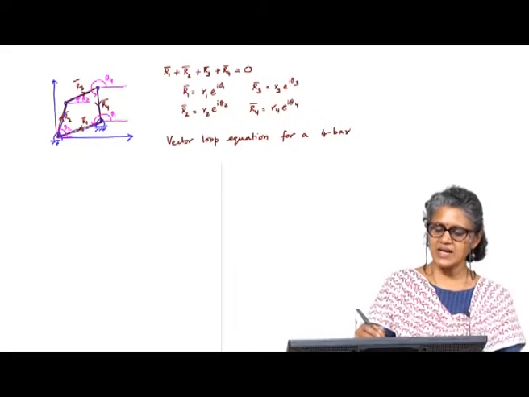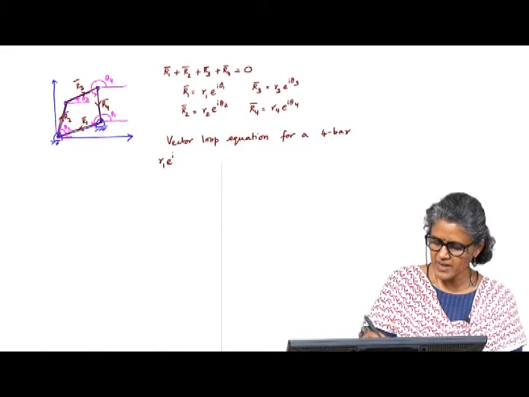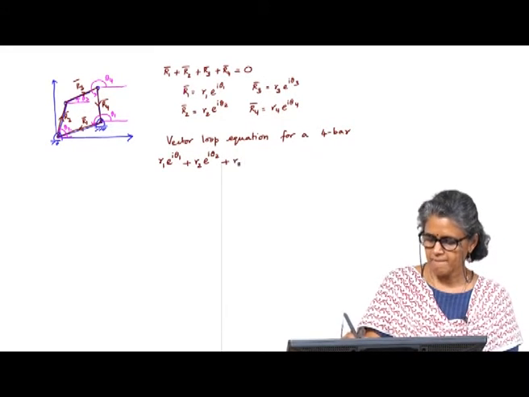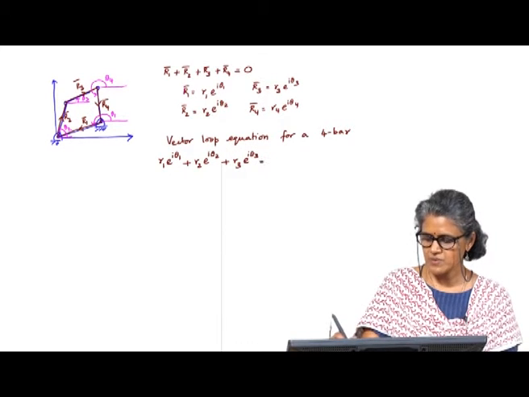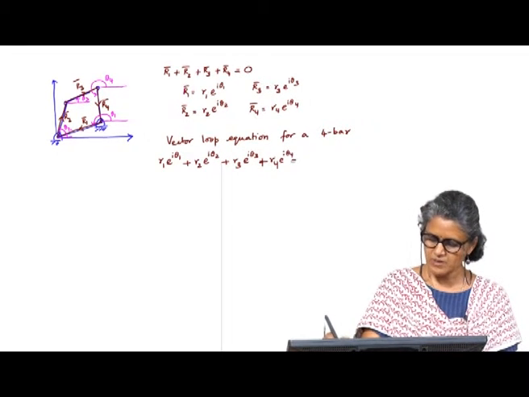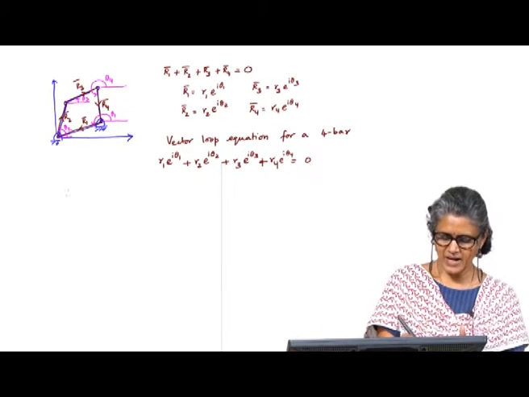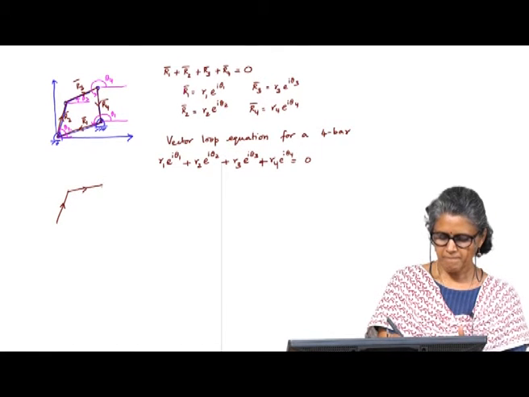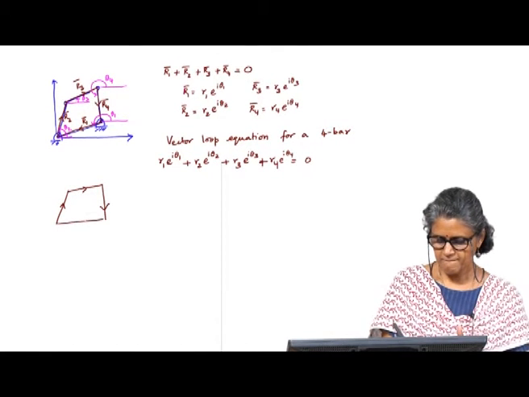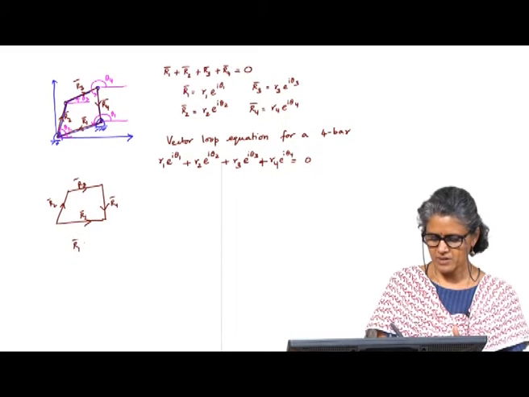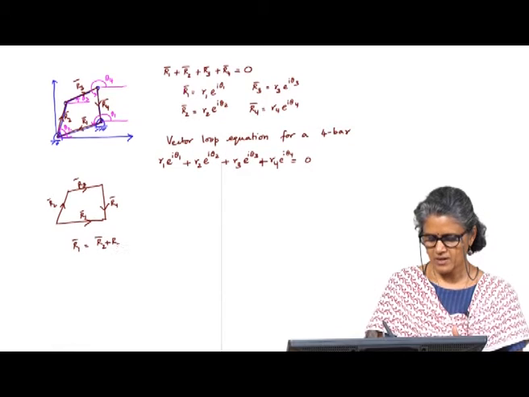So, if I express it with these vectors in complex form, I have r1 e power I theta 1 plus r2 e power I theta 2 plus r3 e power I theta 3 plus r4 e power I theta 4 equal to 0. I do not necessarily have to take them in these directions. So, if I had r1 like I had it before, in this case r1 equals r2 plus r3 plus r4.